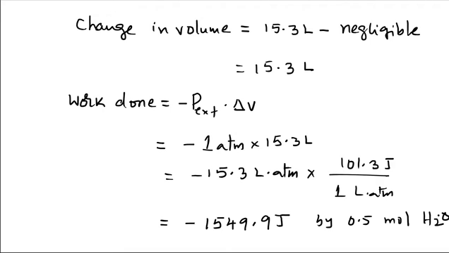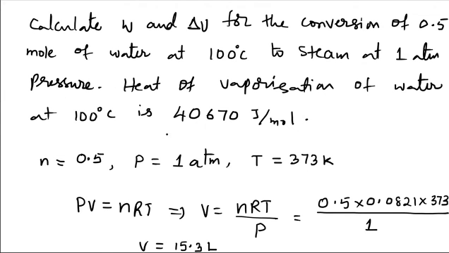Okay, but what is the heat required to convert the water to steam? This is 40,670 joules for 1 mole of substance. For half a mole, how much energy is required? That's going to be 0.5 mole times 40,670 joules per mole.